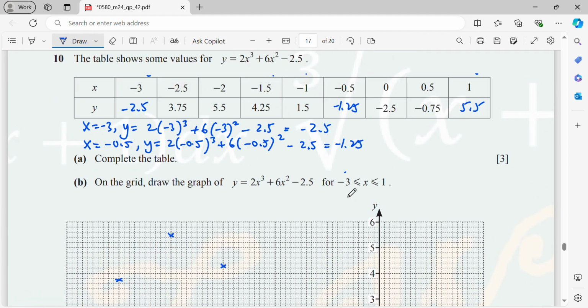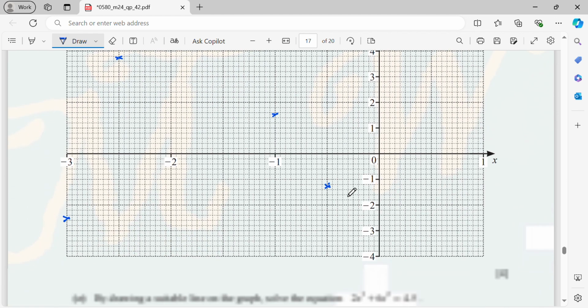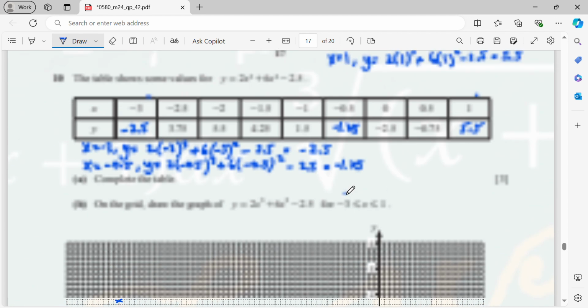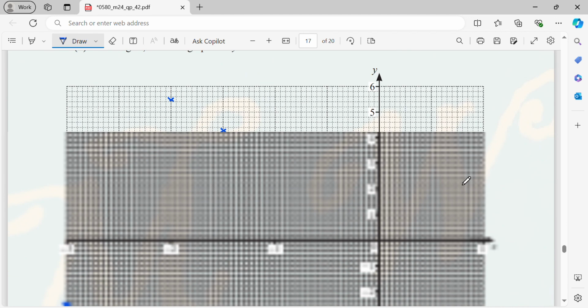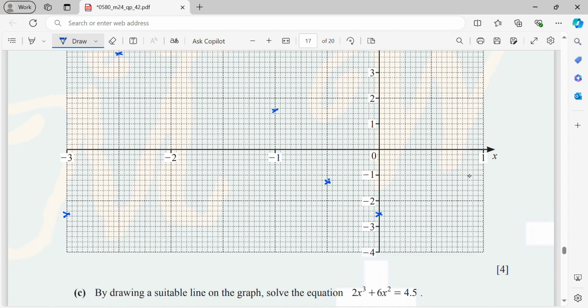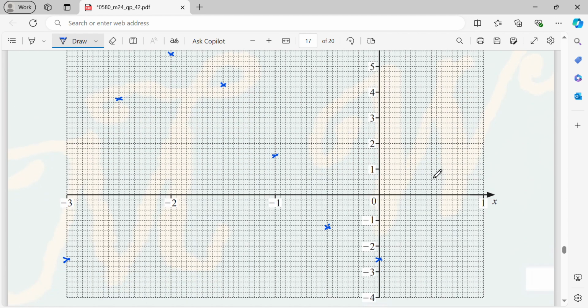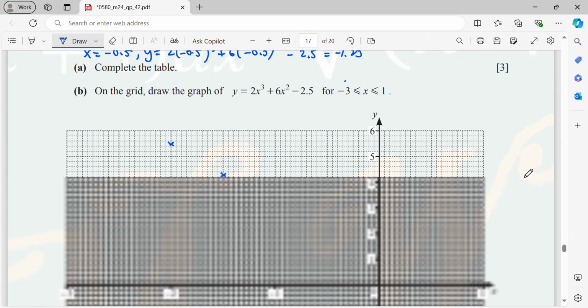Okay, after that, 0, you get negative 2.5. Then 0.5 is negative 7.5. So 0.5, negative 7.5, negative 0.75. Okay, lastly, 1 is 5.5.